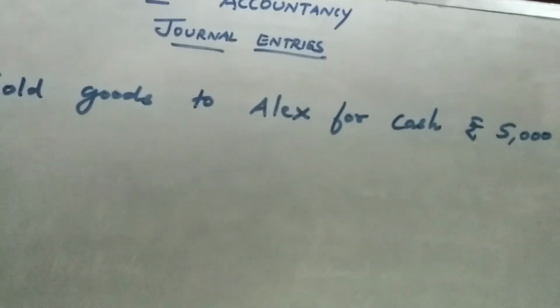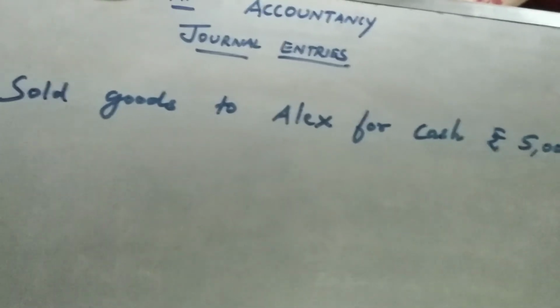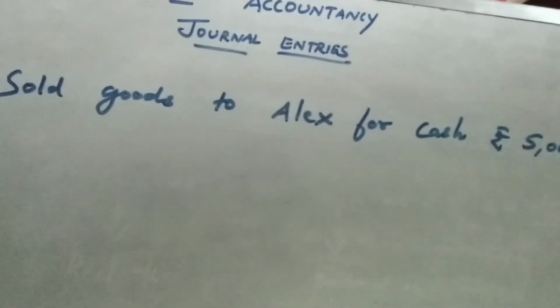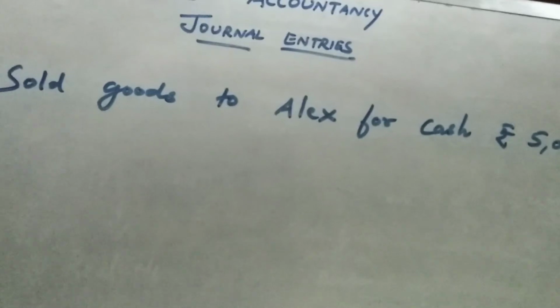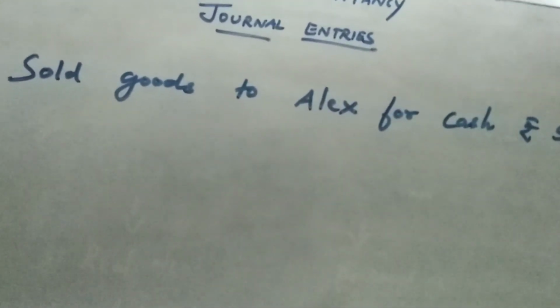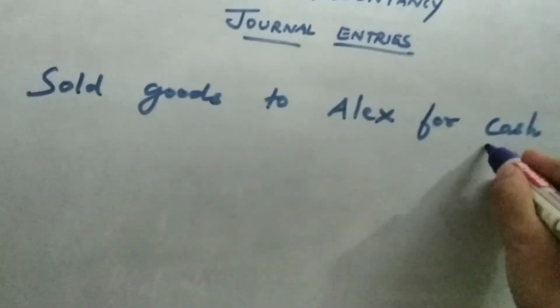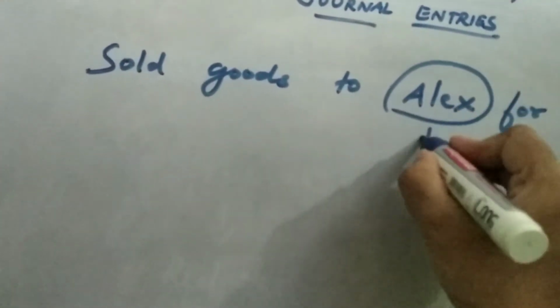Only when there is a credit transaction, we need to follow up to get our money. Only for that purpose, we need the customer's name, address, and all the other information. Otherwise, we least bother whether we are selling to Mr. A or Mr. B or anybody else. So here it is clearly given, sold goods to Alex for cash. We are going to consider cash. Just ignore Alex.